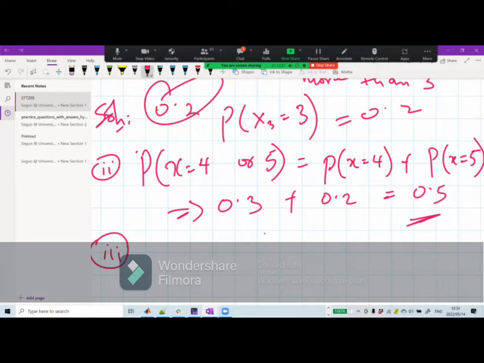Probability of 4, probability of 5, probability of 6, and add them together. More than 3 simply means probability of S greater or equal to what?